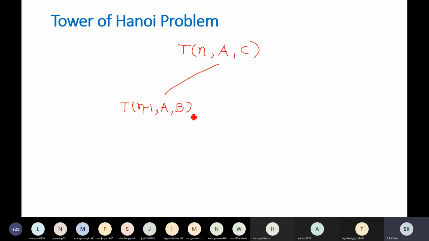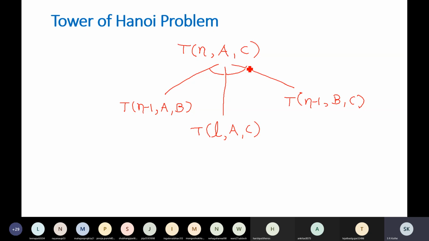Transfer n minus 1 disks from pole A to pole B. But this cannot be done unless and until you transfer the largest disk, suppose L denotes largest, from pole A to pole C. Okay, first you do this, transfer largest from A to C, then transfer n minus 1 from A to B. Also you will have to transfer those n minus 1 disks from pole B to pole C. So all these 3 I will have to do. Here L is the largest disk.